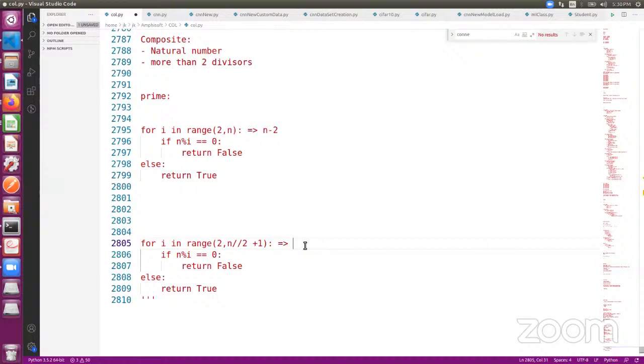We are just reducing the entire data set, the numbers we had, by half. We can also write it as n minus 2 by 2. Both are the same: n by 2 minus 1 or n minus 2 by 2. So now we have reduced by half. Now let us see if we are able to reduce it further.